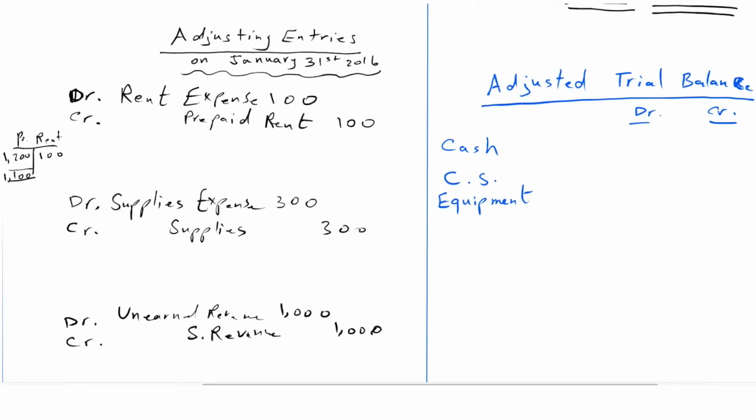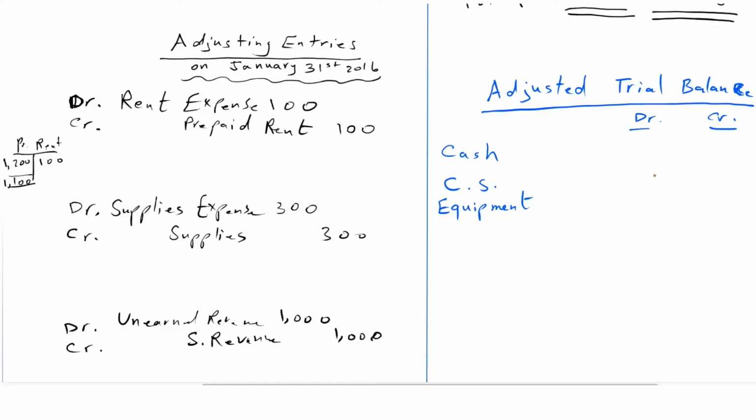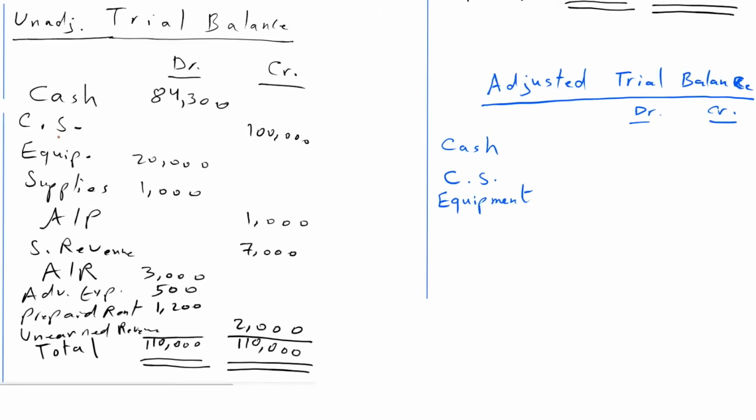And then if we look back at our adjusting entries, we will notice that nothing has been changed to the cash. So we'll just go back to the unadjusted trial balance and pick the $84,300 balance for cash and put it down under the debit side. And then the common stock was $100,000, and the equipment was $20,000.